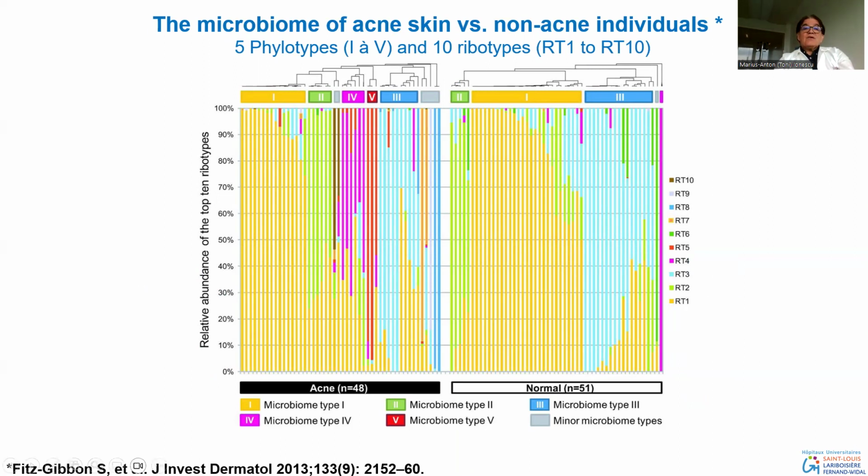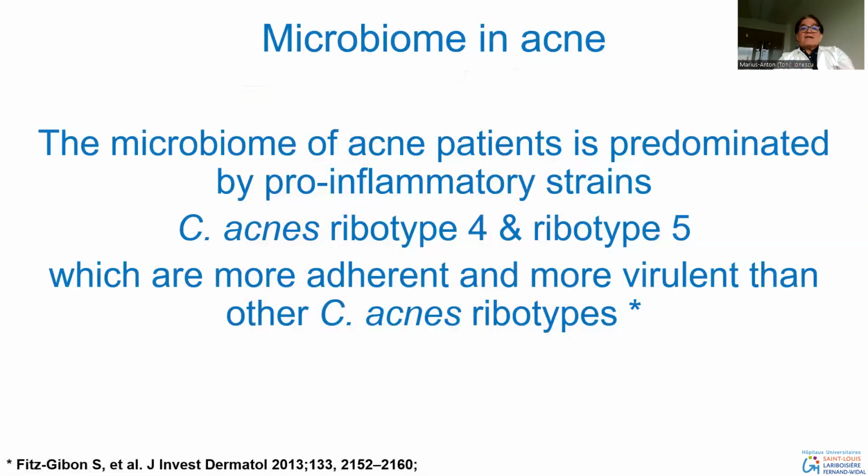And you can see here that the ribotypes more red and violet are ribotypes 4 and 5. So these C. acnes ribotypes 4 and 5 are more adherent and they are more virulent than other C. acnes ribotypes, like, for example, ribotype 6, which is non-acne C. acnes.